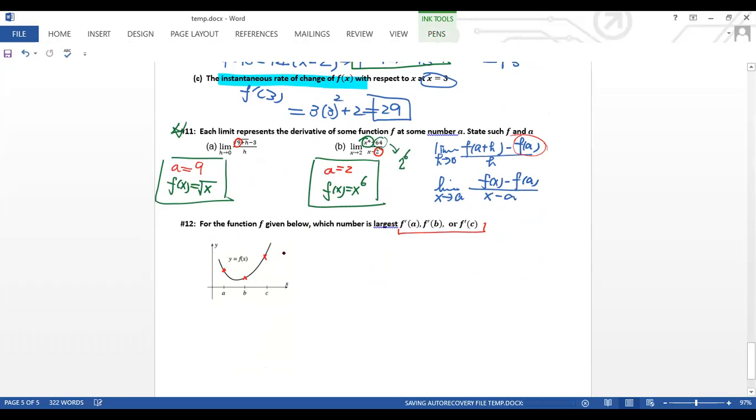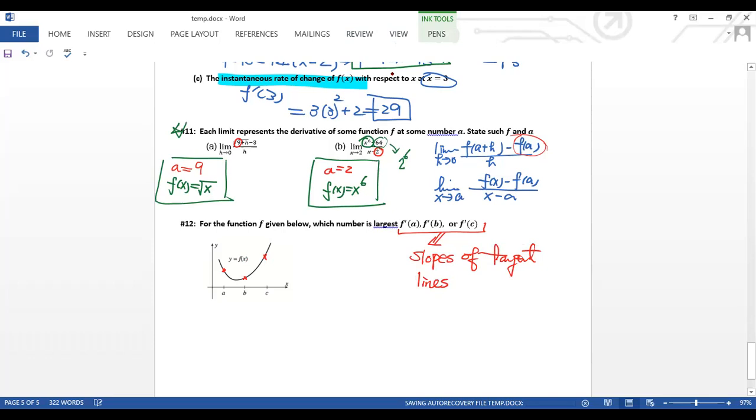So how do I know which one? Remember the definition is the slope. All of these represent the slope of what? The slope of the tangent line at this specific point.